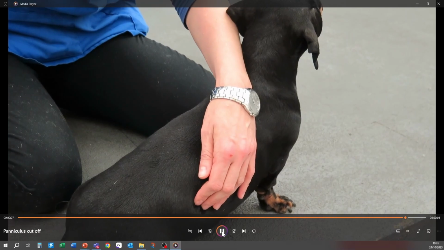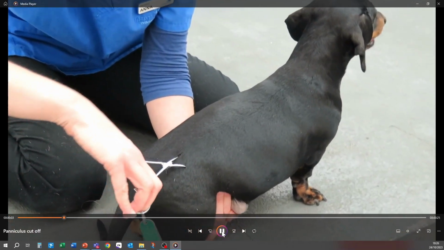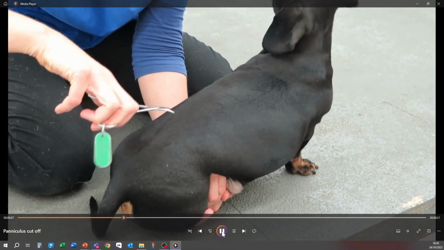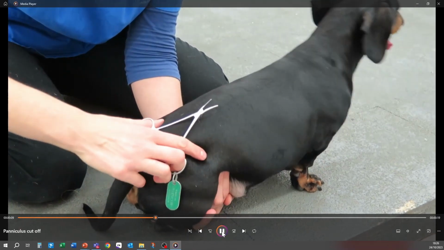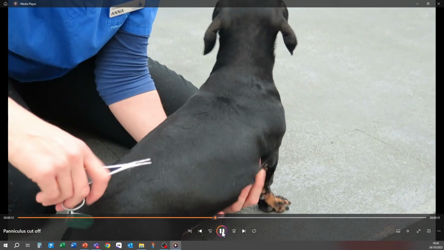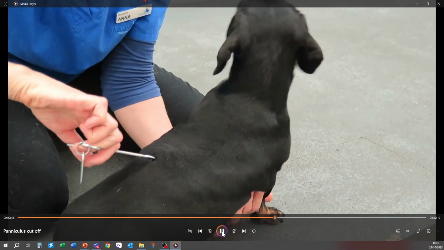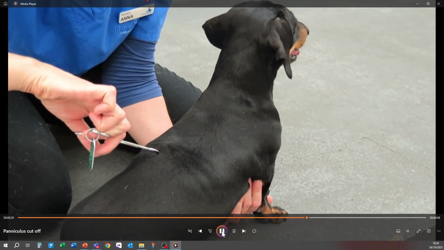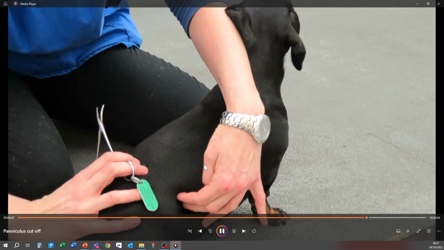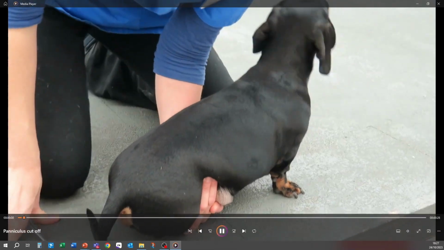Presumably her hand is there on the last rib so that we can tell where the level roughly is. There. At the thoracolumbar junction, which is one of the most common sites for disc extrusions in these chondrodystrophic dogs.